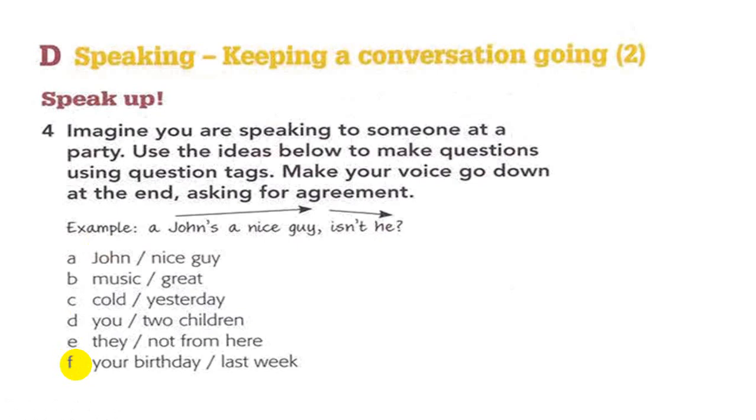If you couldn't, then try to send them on Telegram. Okay. So from A to F, I'm waiting for your voices to show agreement. So you have to make these question tags, and you have to make use of the rising, falling tone.